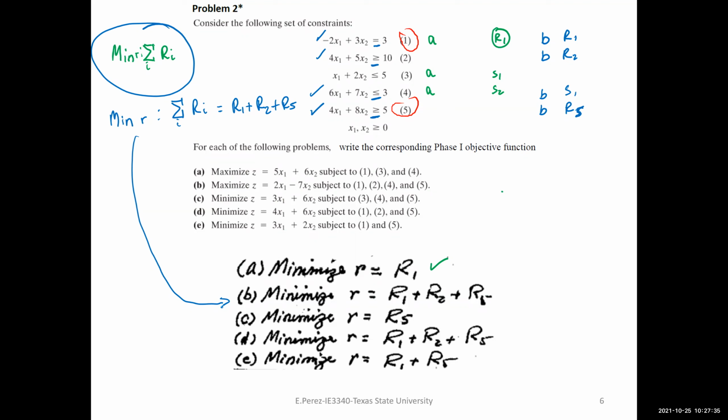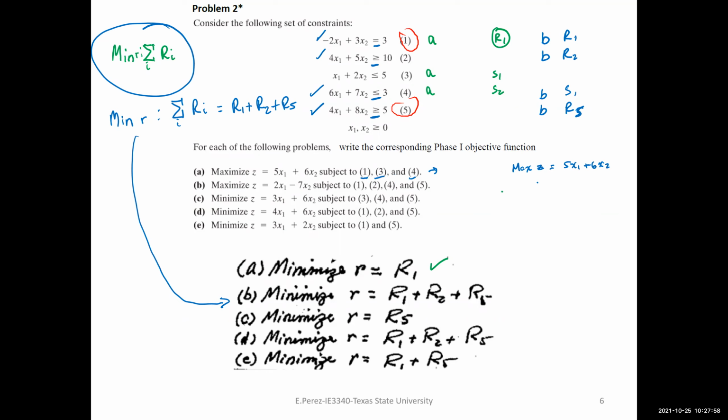On A, you said minus 5x1. How do we get this 5x1? That's what this is trying to say. In this problem, this is your formulation. Maximize Z equals 5x1 plus 6x2. And then it's saying subject to these three constraints.